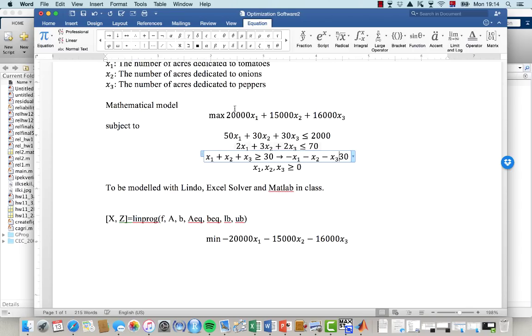So what you do is you get the last row of constraints as -1, -1, -1, and the right-hand side of -30. So that's how you deal with greater than or equal to constraints, which we don't have any for this problem.